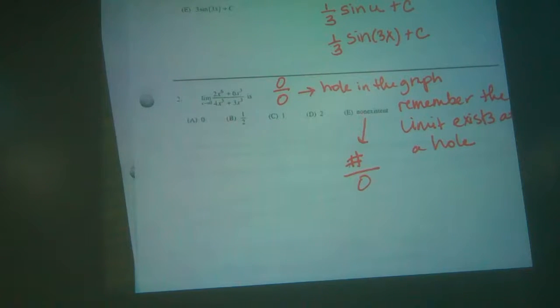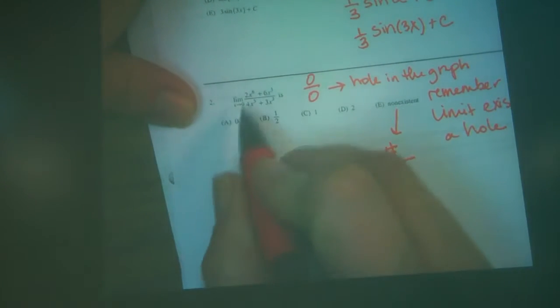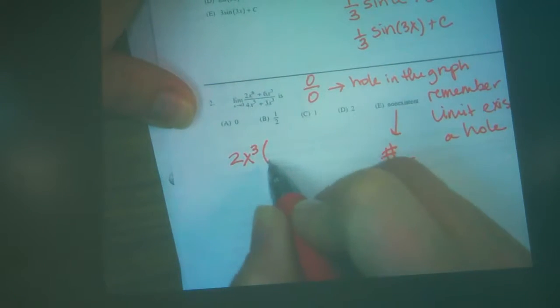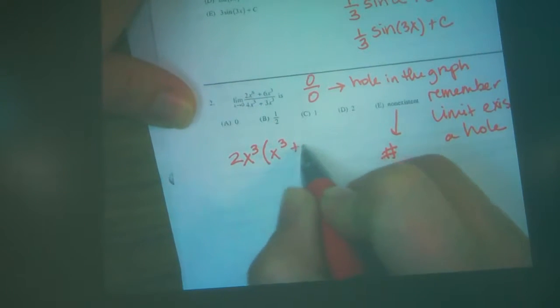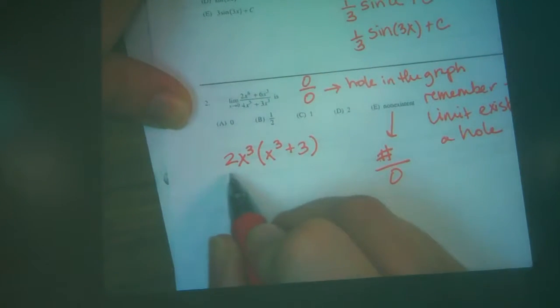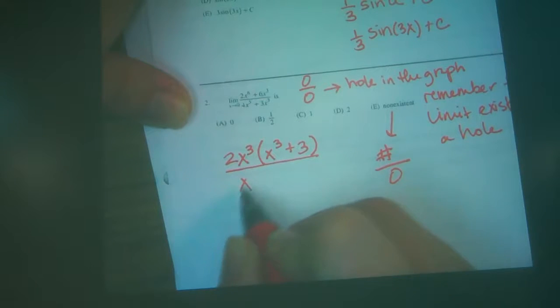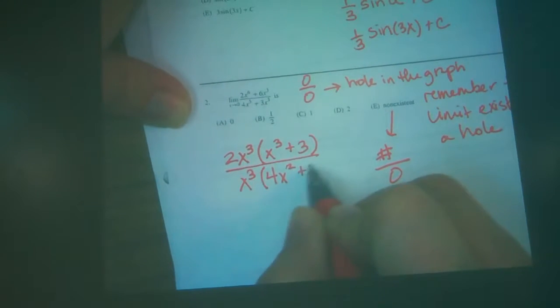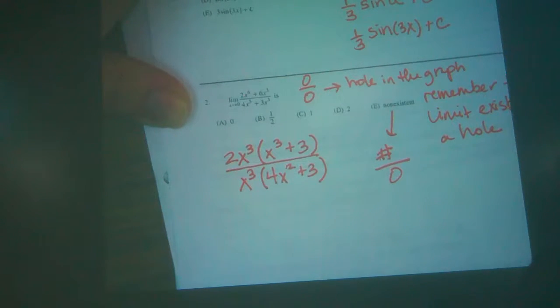So what we have to do is factor and cancel. On the top, I could factor out a 2x cubed, which would leave me with x cubed plus 3 in the parentheses. And on the bottom, I can factor out an x cubed, which would leave me with 4x squared plus 3 in the parentheses.